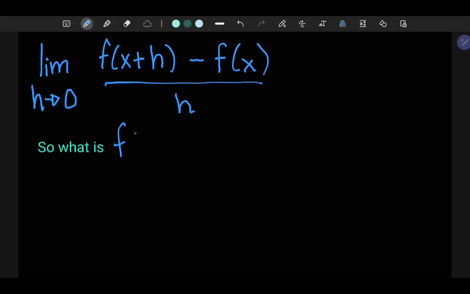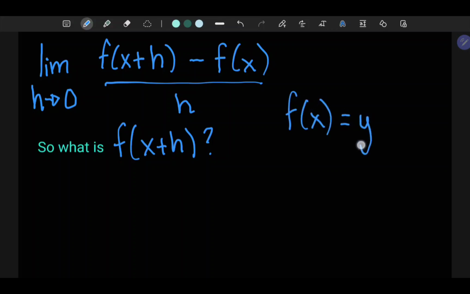So what is f of x plus h? Well, f of x plus h, let's think about it. F of x is just a y value, right? Any y value when you plug in an x value.